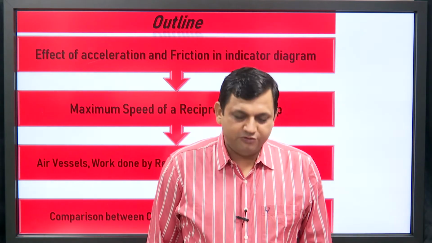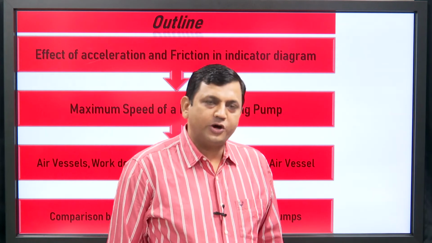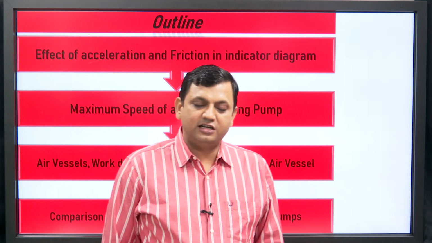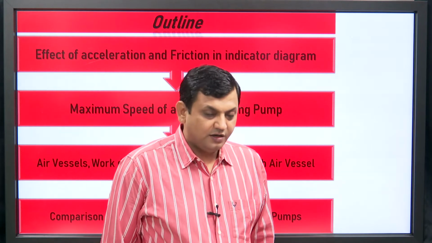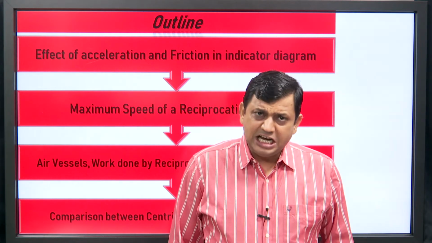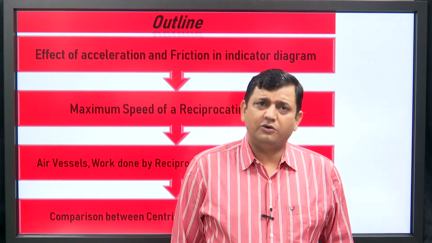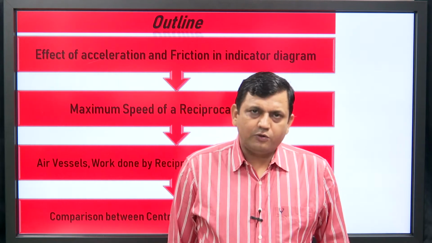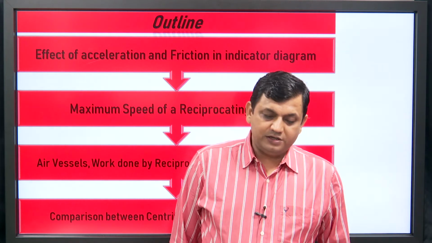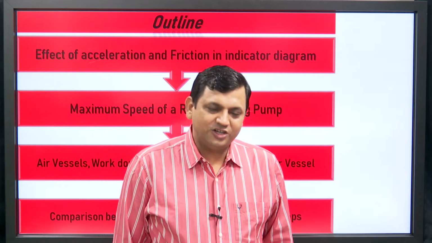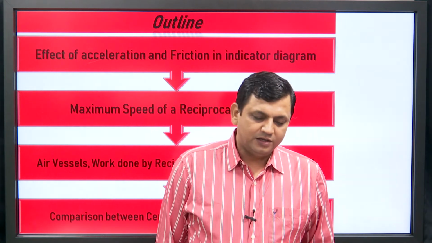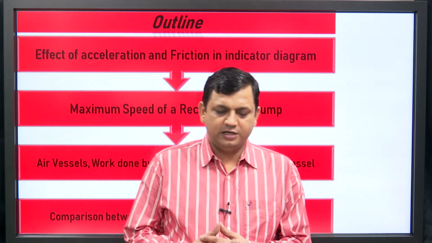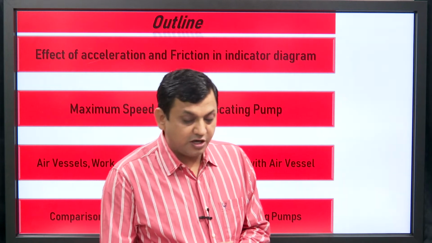So, the outline of this third presentation on the reciprocating pump: we covered the effect of acceleration and friction in the indicator diagram. Before that, we described what the indicator diagram is and how you calculate the work done. Now we are going to check the combined effect of acceleration and friction in the indicator diagram, then the maximum speed of a reciprocating pump.